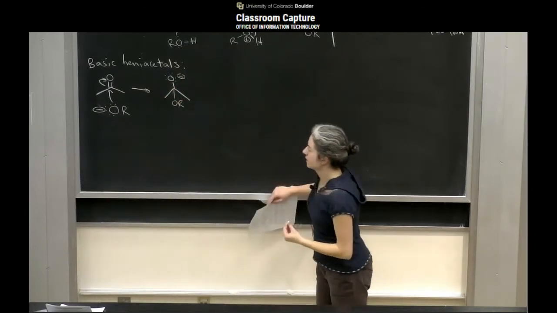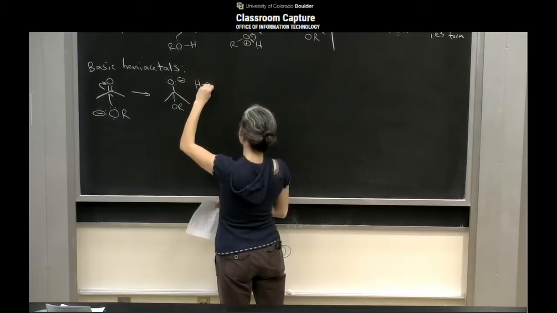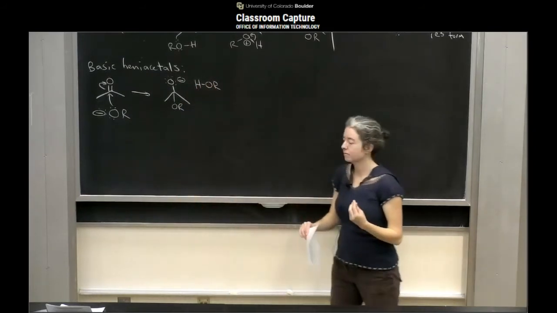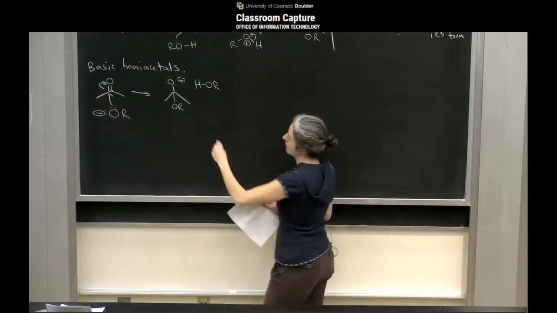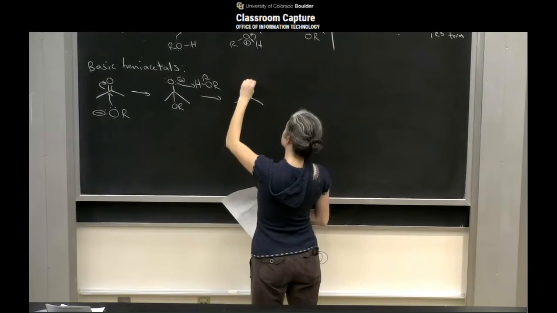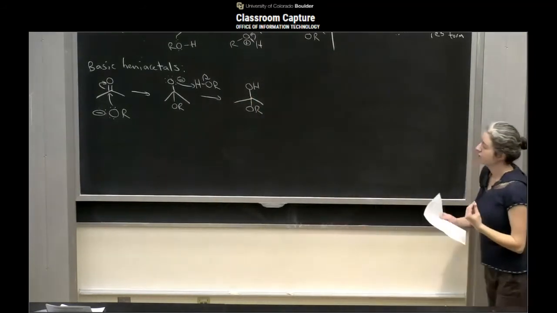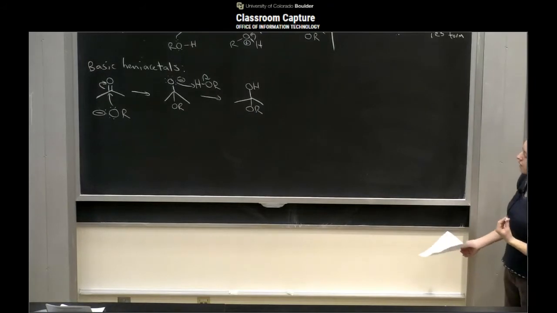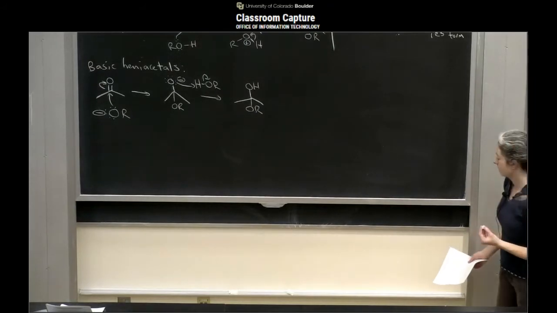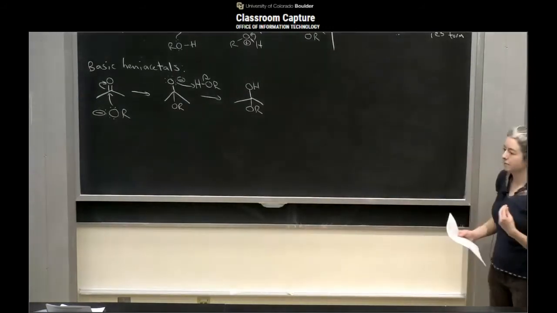And then just like we did in water, to finish up, this thing needs to take a proton from the conjugate acid of whatever the base is that we attacked with, so the alcohol in this case goes and gets an H. And that gets us to here. So that should hopefully be fairly reasonable and sensible looking to you guys. Any questions about those two?